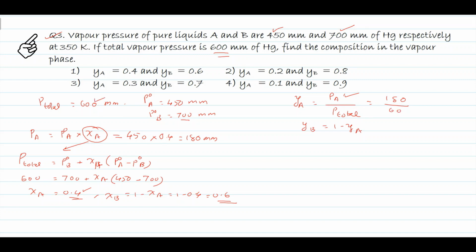Then we get 0.3. So the mole fraction of A component is 0.3. Then what is the mole fraction of B component in the vapor phase? 1 minus 0.3, it comes out to be 0.7. So Ya equals 0.3, Yb equals 0.7. The answer is the third option.